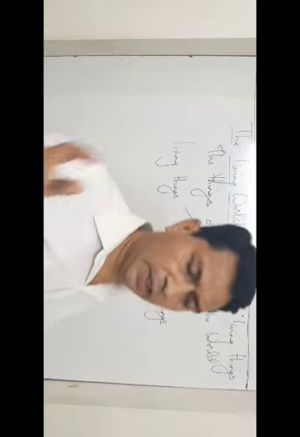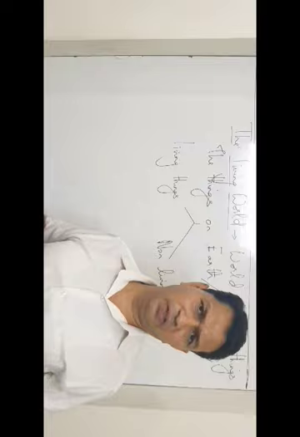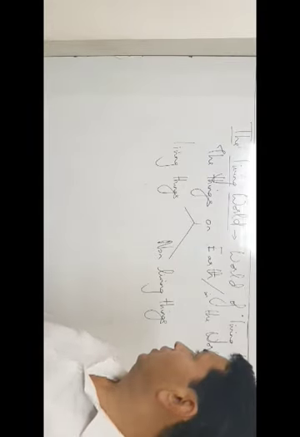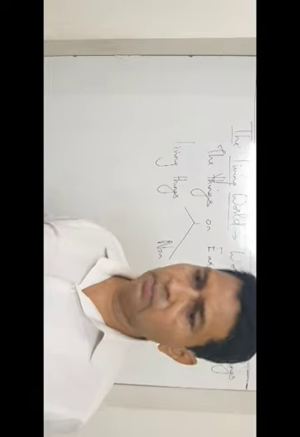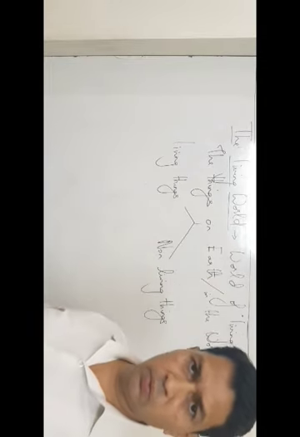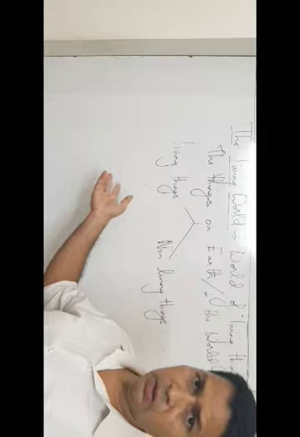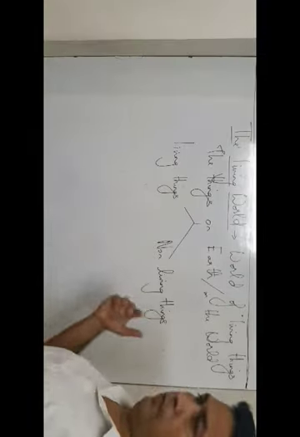You might have studied this in the junior classes, 6th, 7th, 8th, I don't remember exactly. All the things around us can be categorized in two different kinds: the living things and the non-living things.